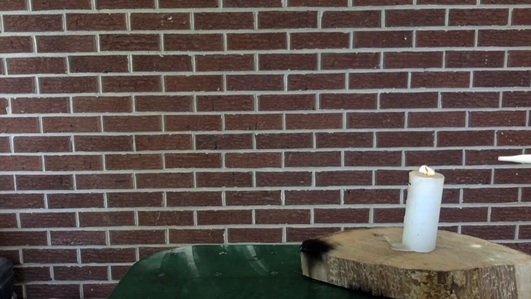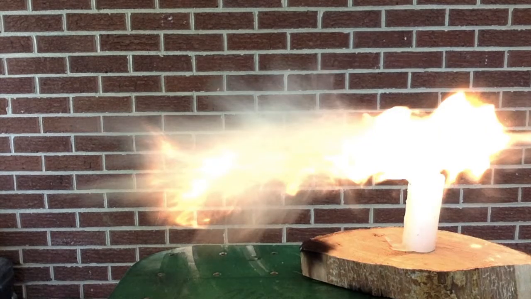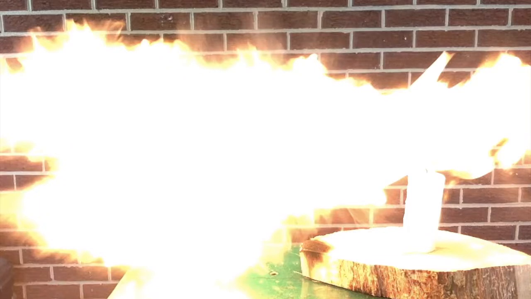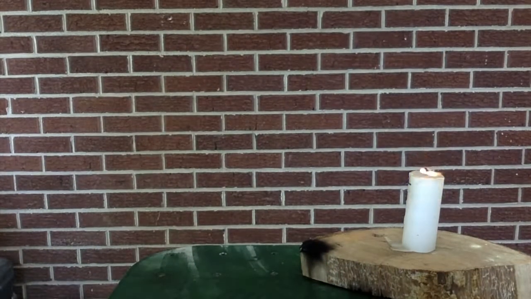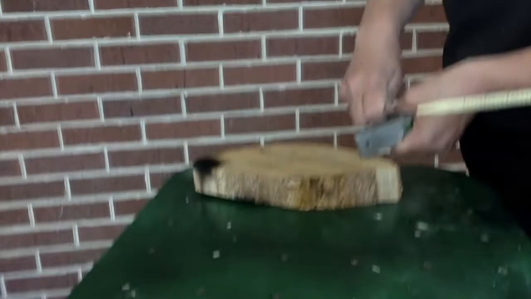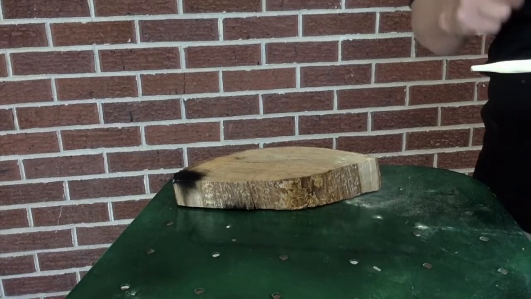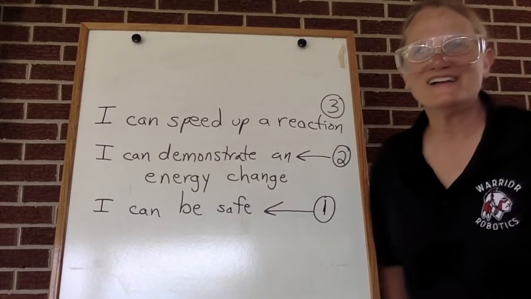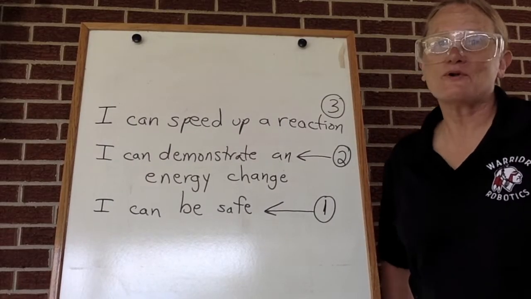I think that worked. So now I'm wondering, could I start the flame just using sparks from my flint? Well, that was worth trying. I didn't know if that would work or not.